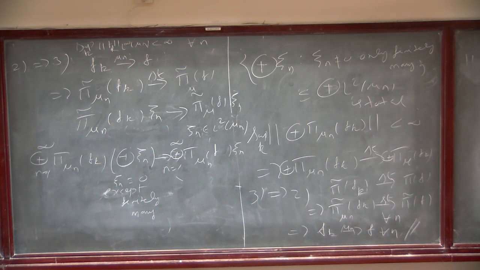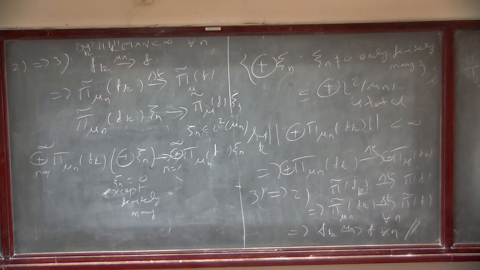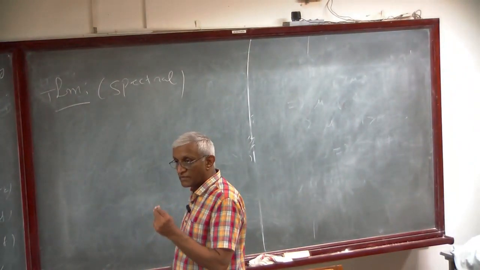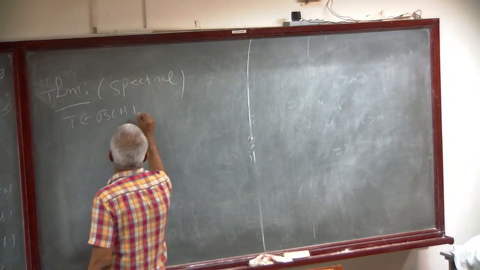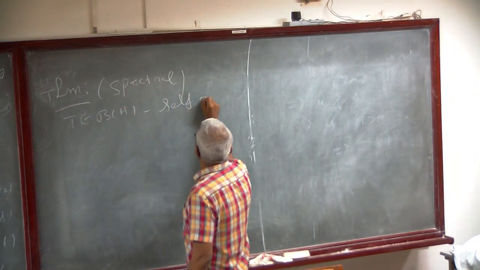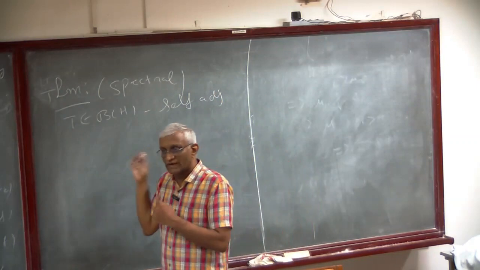Now, I recall the earlier theorem which we proved. Now, this is the spectral theorem for self-adjoint operators. Okay. T in B(H), self-adjoint. Then, this is not the spectral theorem, but it will go from this. You will do it for a normal operator.